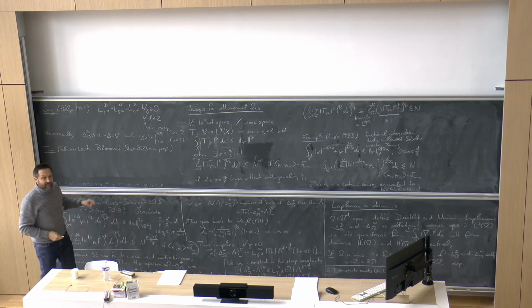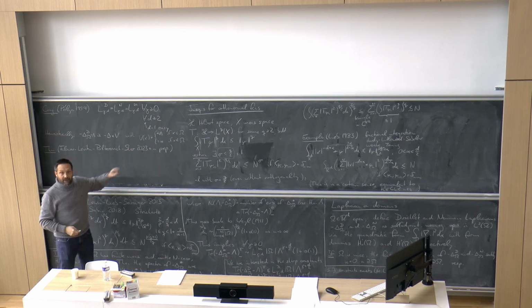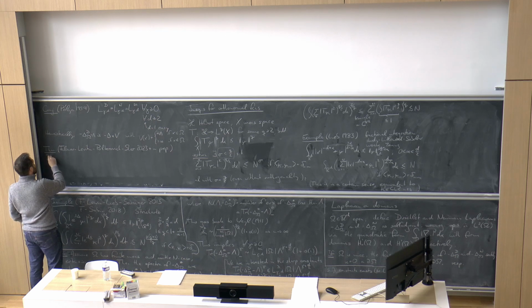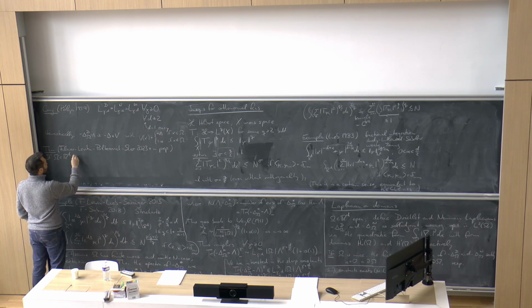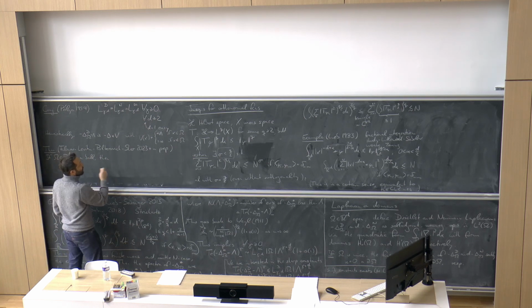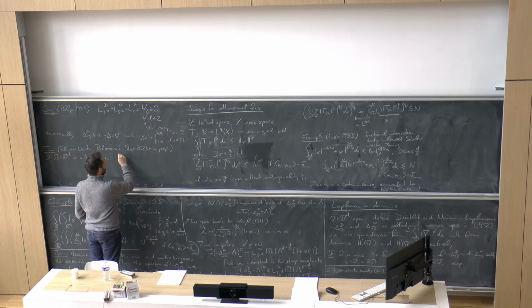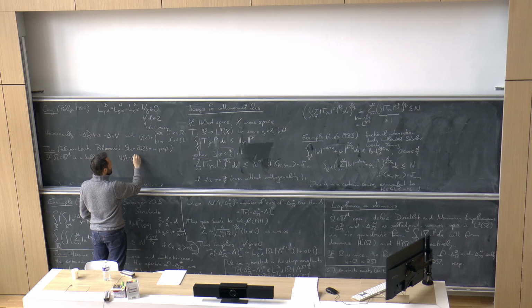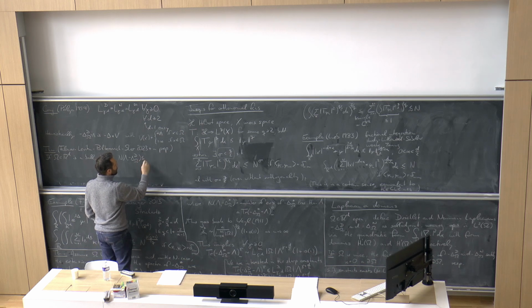And the amazing thing is, this year, what this says is if omega in R^d is a ball, then it's true. Okay, so one had to wait for 50 years in order to prove it for the ball.